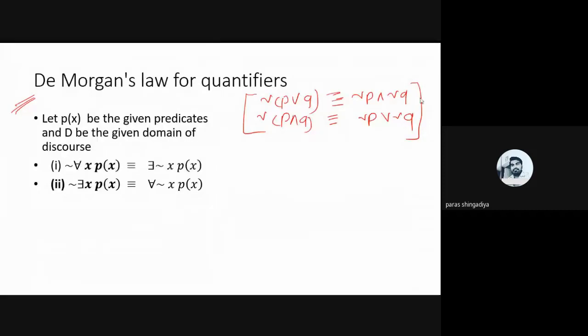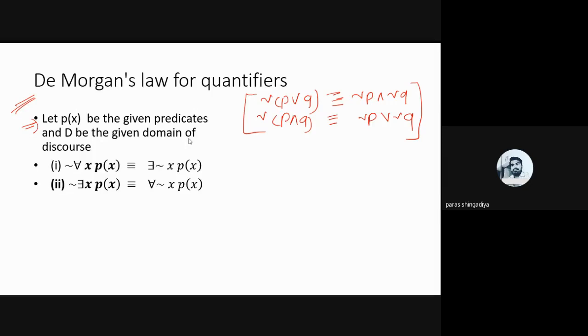But here it is De Morgan's law for quantifiers. We learned the two quantifiers, the universal quantifier and the existential quantifier, and based on this theory we will prove De Morgan's law for quantifiers. What is the statement? Let P(x) be the given predicate and D be the domain. Any domain is given, the domain of discourse, or simply write a domain.